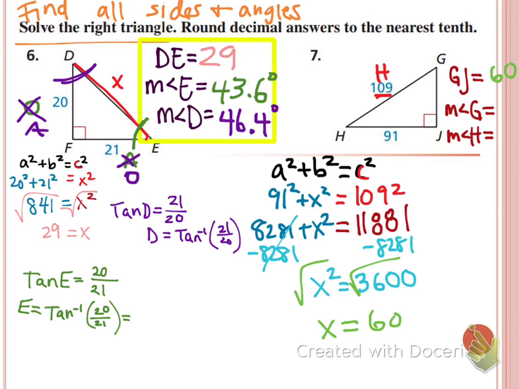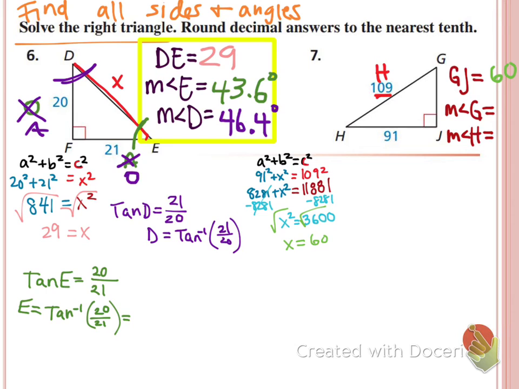Which angle do we want to find first? G, okay. So from G, we're going to label the sides we were given. We already know this is the hypotenuse. What kind of side is 91? Opposite. So which trig ratio are we going to use? Sine, yeah. Sine from G equals the opposite, 91, over the hypotenuse, 109.